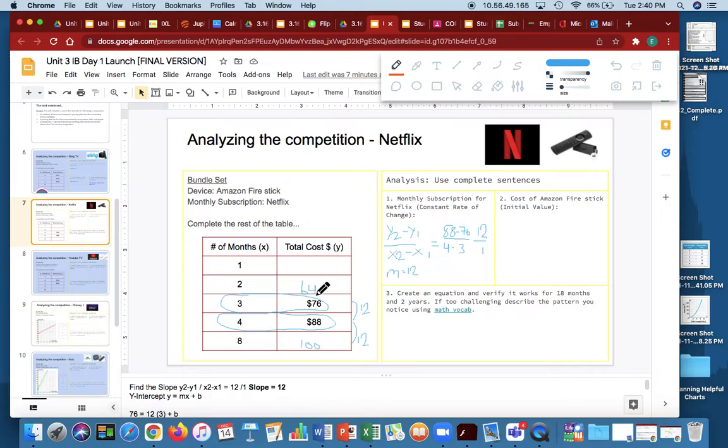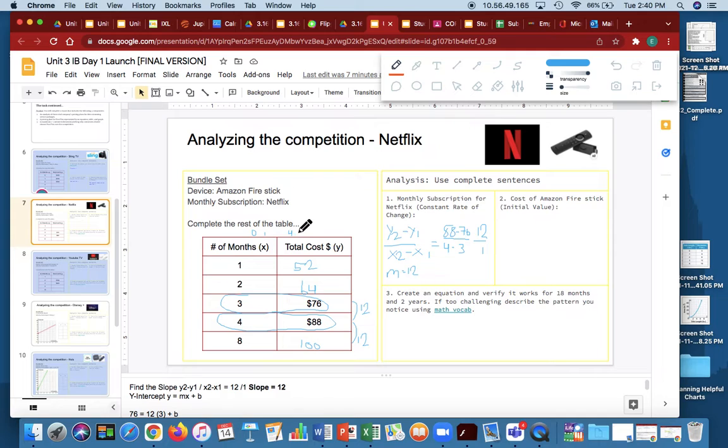Okay, so I'm finishing the table. Sorry, 64 minus 12. That gives me 52. Then I'm going to subtract by 12 again, and that's going to give me 40. So that would give me 0, 40.